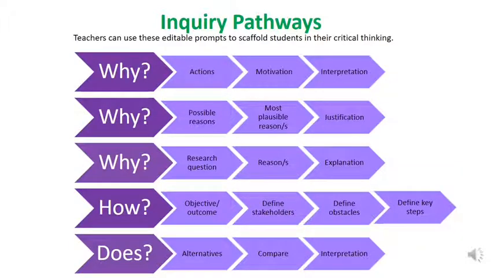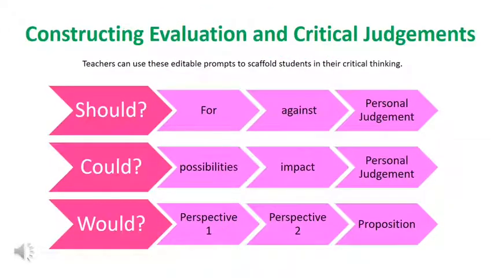Then we ask them to note down all the possible motivations, but considering all that work that they've done, noting down the actions, they have to evaluate the actions in order to consider the motivations. And then, finally, you ask them to make their interpretation. And you teach them through this process how to think critically, to break the question down into the necessary steps.